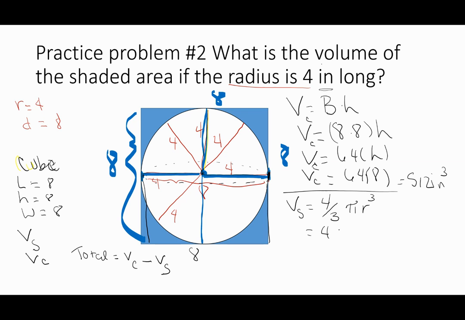So 4 times pi times 4 cubed. We're going to take that whole thing and divide it by 3. So 4 times pi button times 4 cubed gives us 804.25, and we're going to divide that by 3.